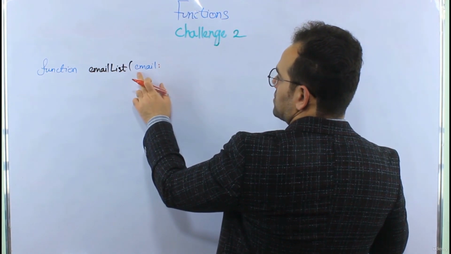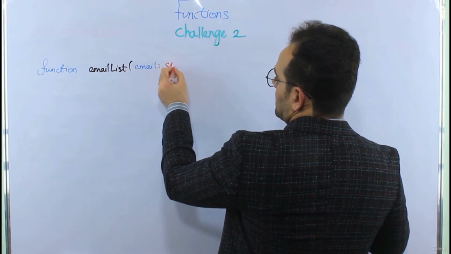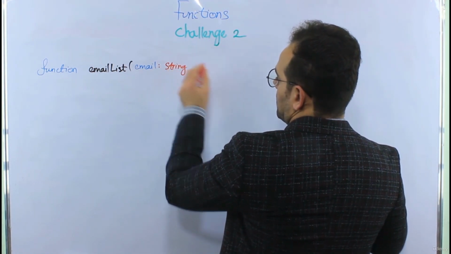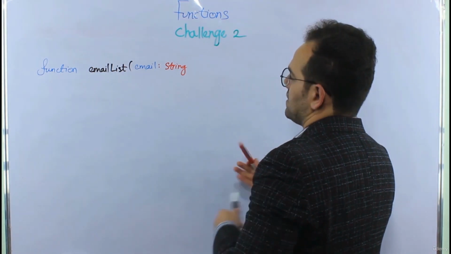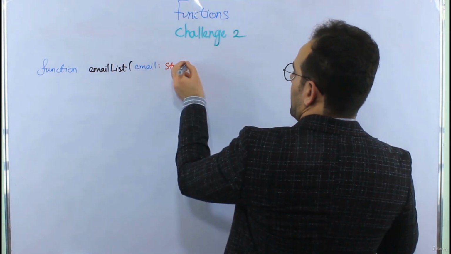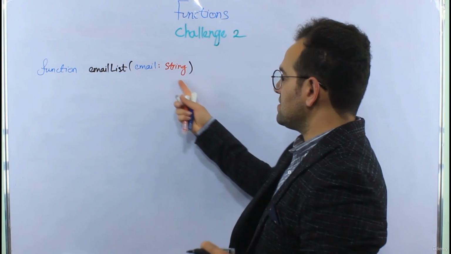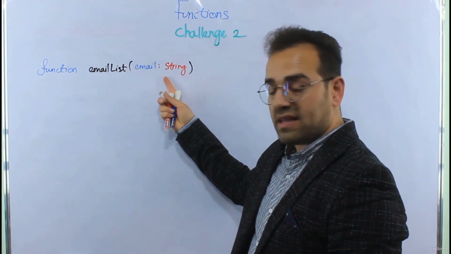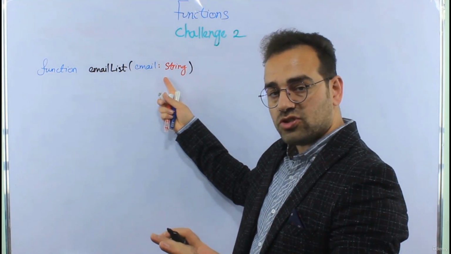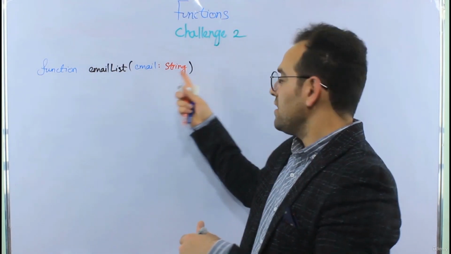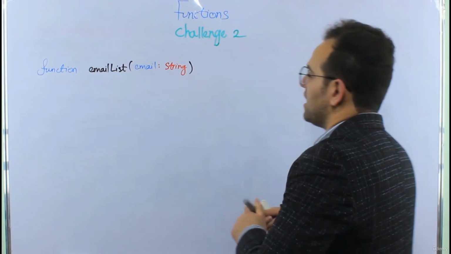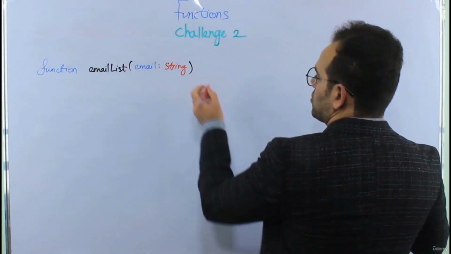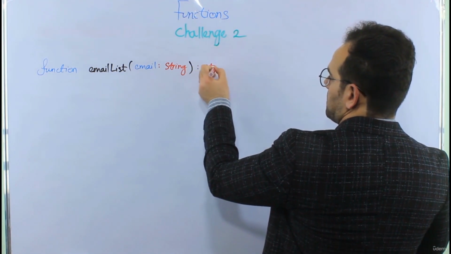So I'm going to type annotate this parameter as a string. There we go. So far, everything is making sense. And now, since this is a string, and the only thing that I want this function to do is return the email, the return type of this function is also going to be a string.